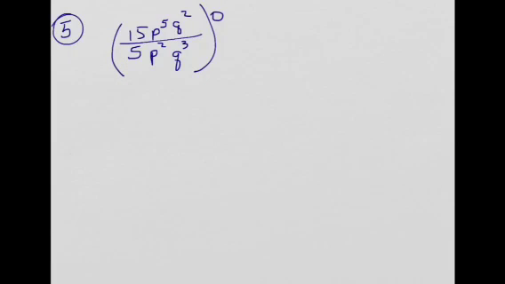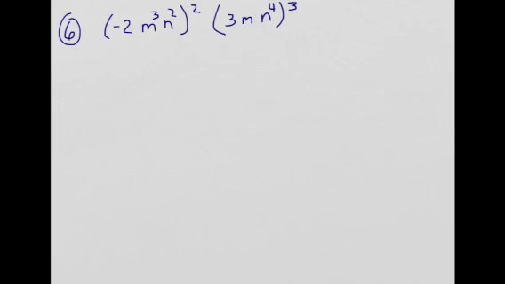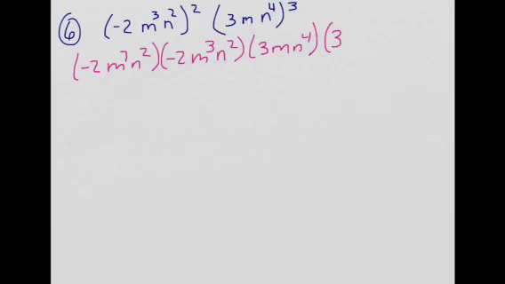Okay, anything that is raised to the power of 0 is 1. Alright, now this one I'm going to do both ways. We're going to do the long way and then the shortcut. So this is going to be -2m cubed n squared times -2m cubed n squared times 3m n to the 4th times 3m n to the 4th times 3m n to the 4th.